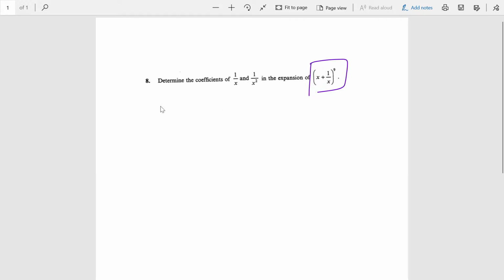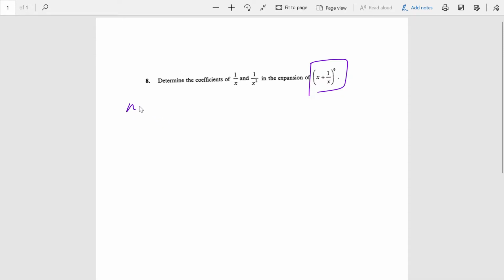Well, generally, the first step of the process, if it's not initially obvious at what number term the x to the something power would be, you should create a formula for the general term, the general nth term, basically.